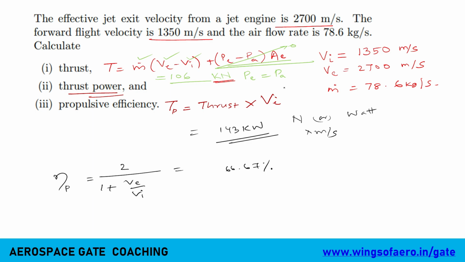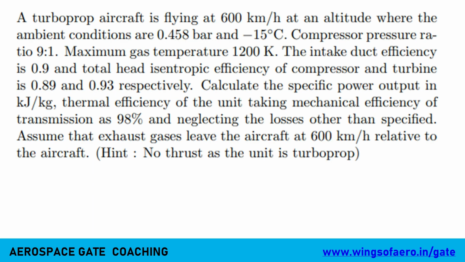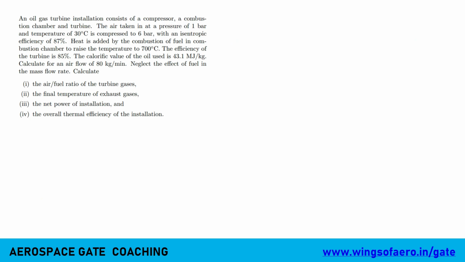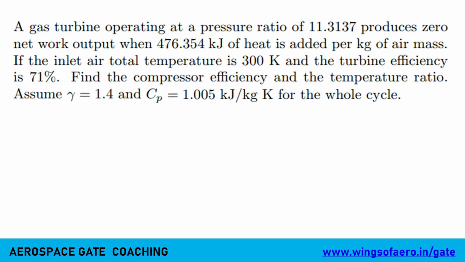So from here you have learned the formulas and how we are implementing them. Some problems we have, so I will give them to you for assignment. Once you are done, I will also share the solution with you.